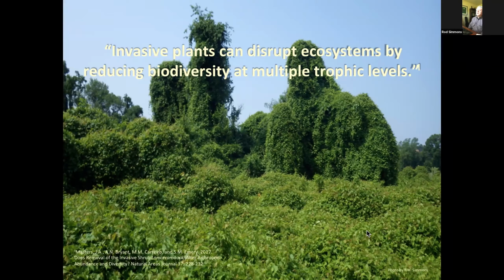These are things like ticks, our native ticks, that flourish in degraded areas, such as areas that have bush honeysuckle dominant in the landscape. And this frame here is porcelain berry, just completely smothering an area in a freshwater tidal wetland. Next, please.